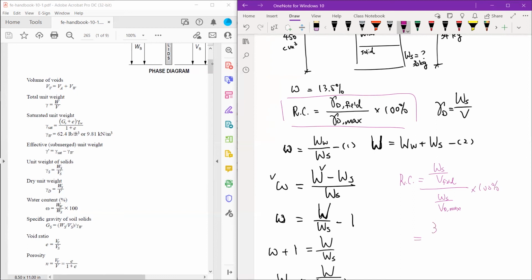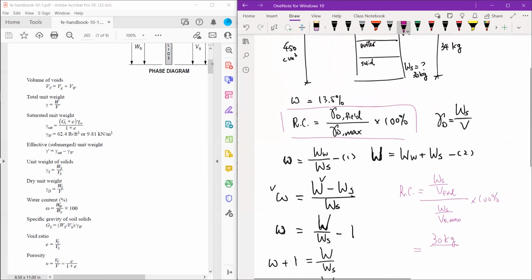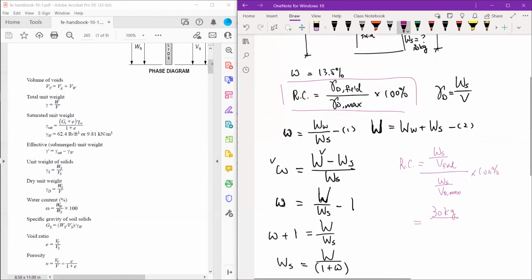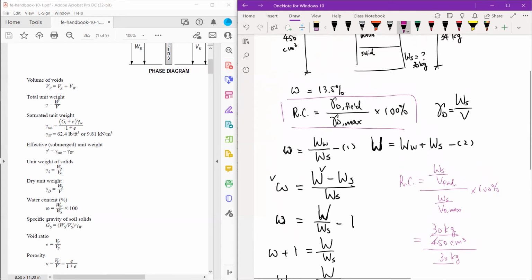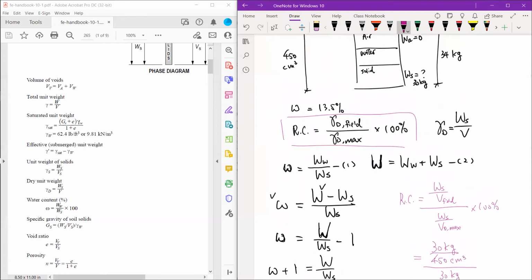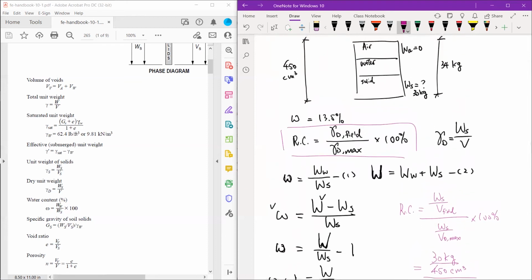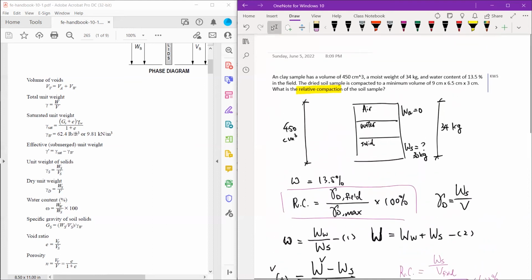We know the weight of solid is 30 kilograms divided by the volume in the field, originally 450 centimeters cubed, and then divided by the weight of solid, 30 kilograms again, but this time at the minimum density conditions in the lab, which is given from the question as 9 by 6.5 by 3.